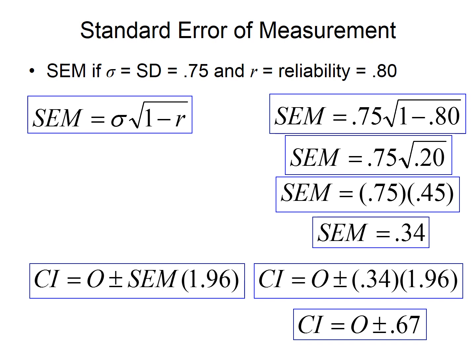So 0.34 times 1.96 is 0.67. Once we have that, you can take any observed score from this sample and add or subtract 0.67 to get the range of what is the 95% confidence interval. And what that means is that you're 95% certain that someone's true score is falling between that range off their observed score.